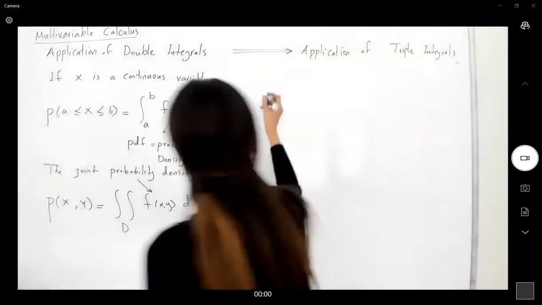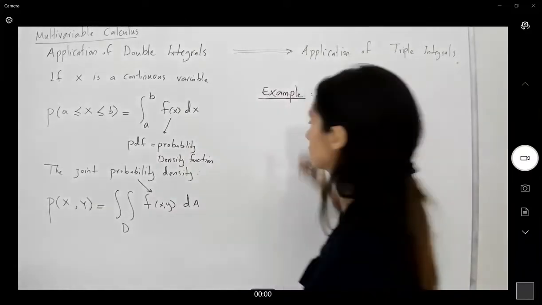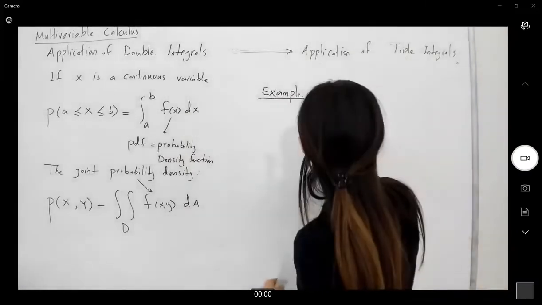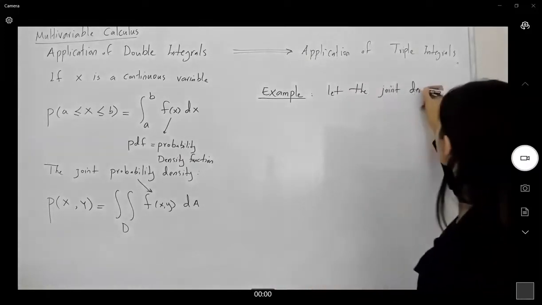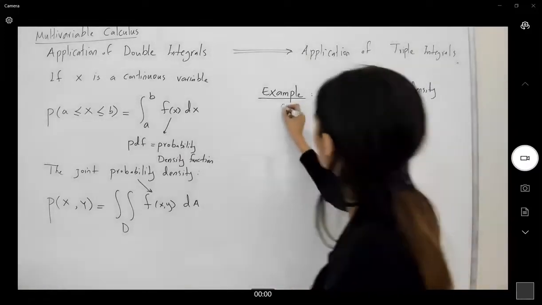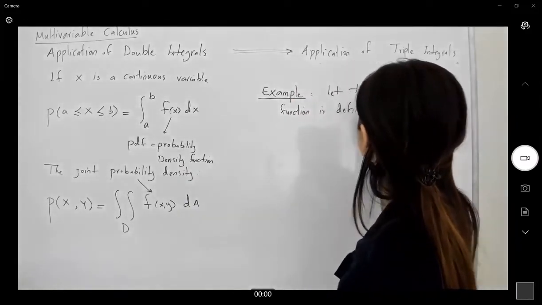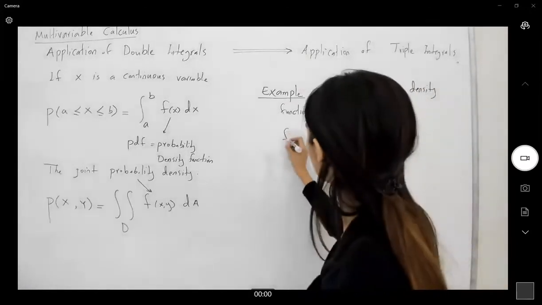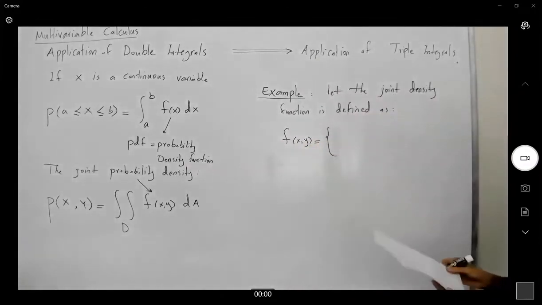One example for you. Let the joint density function for x and y be defined as the following. You have your f of x and y, which is a piecewise defined function.